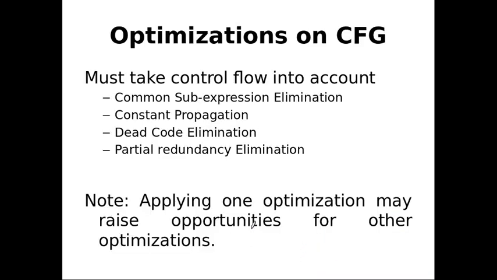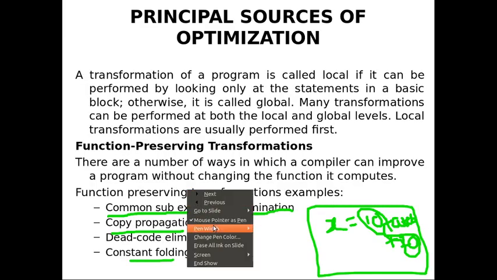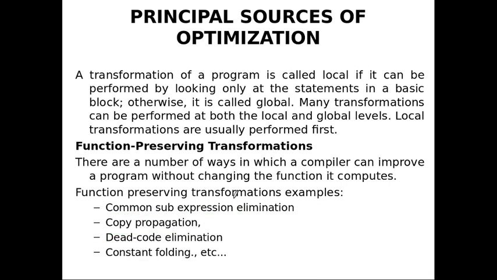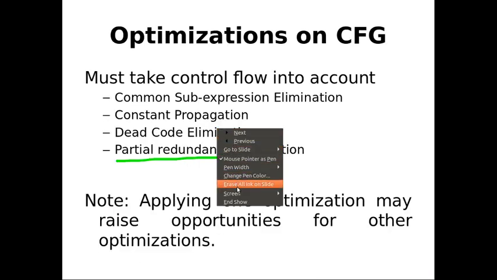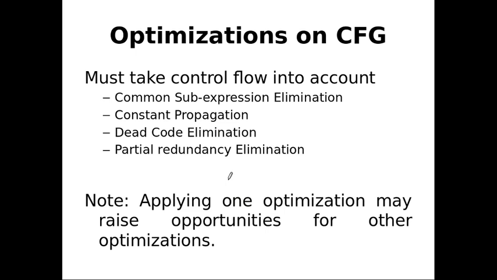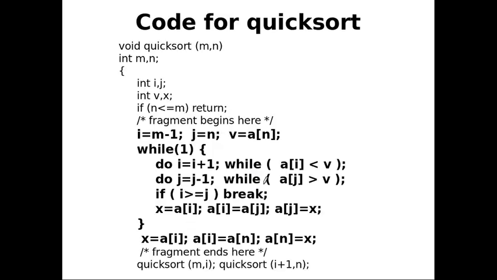So applying one optimization may raise opportunities for other optimizations. Don't imagine it only happens in sequence. Maybe when you are doing this one, it calls the first possibility once again. We will see these all by using one example, and most of the time this is asked in JNTU external examinations.